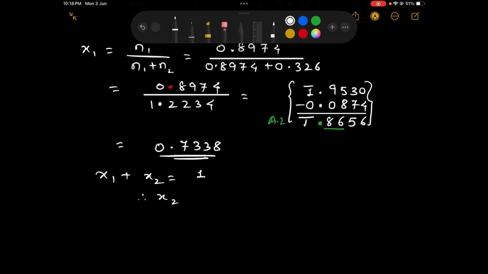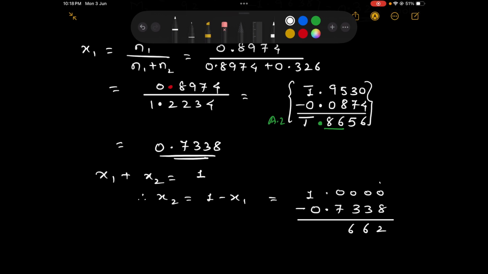Therefore, x2 will be equal to 1 minus x1, that is 1 minus 0.7338. Let us subtract. So the mole fraction of the solute is 0.2662.